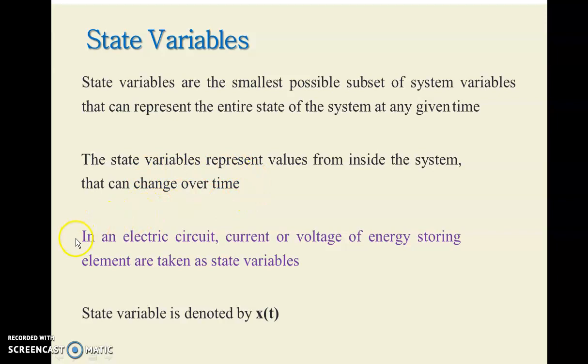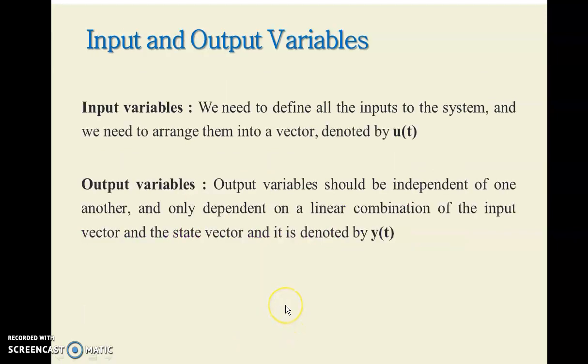By taking an example, in an electrical circuit, current or voltage of energy storing elements are taken as state variables. Why? Because an energy storing element, like an inductor or capacitor in an electrical circuit, stores either current or voltage, and they are dependent on time. And a state variable is represented by small x(t).